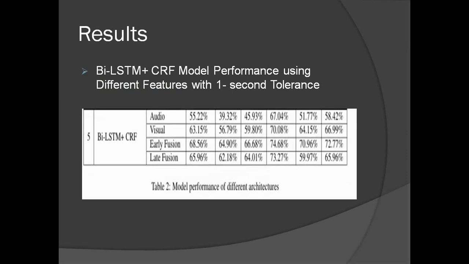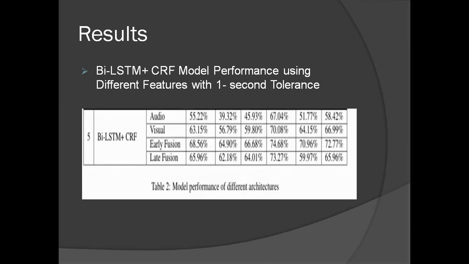In this table, it shows the performance of the proposed method, which is BLSTM plus CRF, on the validation data set with 1 second tolerance using different types of features, namely audio, visual, early fusion, and late fusion of audio and visual features.